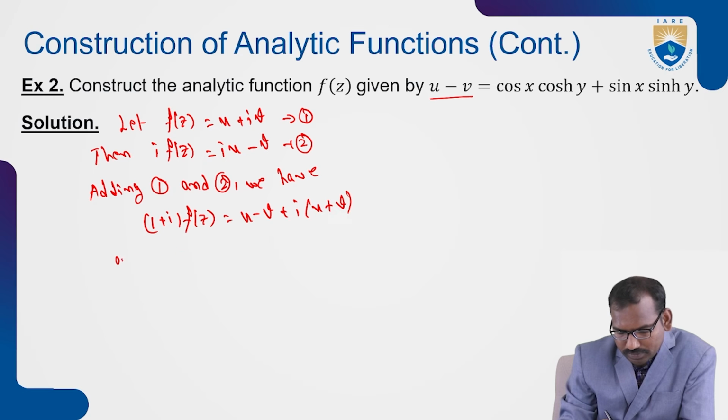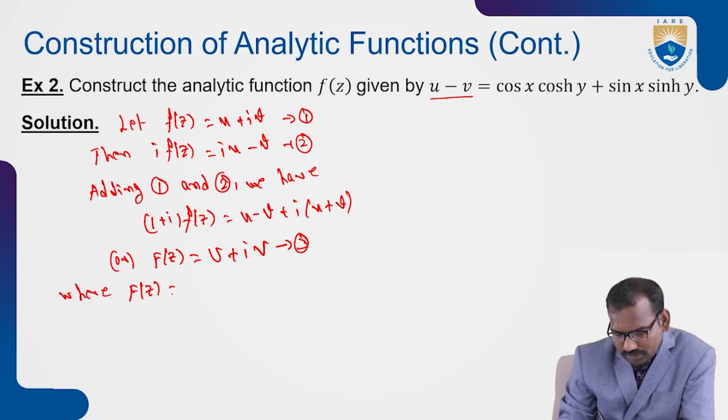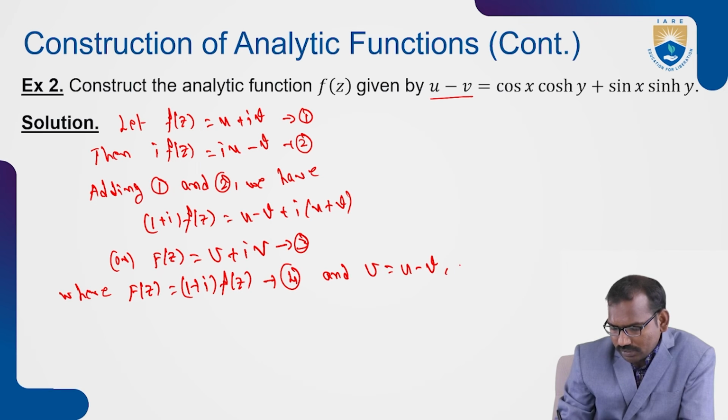I am writing the same expression as capital F of z equals capital U plus i times capital V. Okay, this is important, this is equation number 3, where capital F of z is the constant multiple 1 plus i times f of z, which is analytic, and I am giving it as equation number 4. I am defining capital U as u minus v and capital V as u plus v.